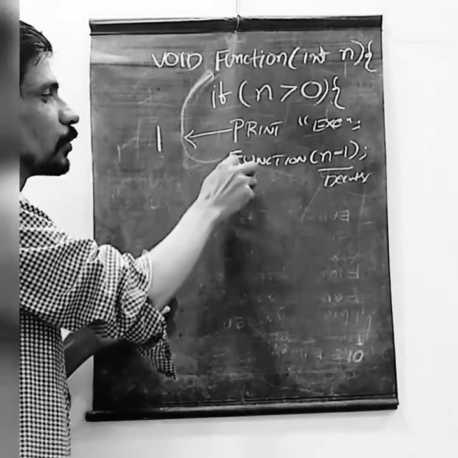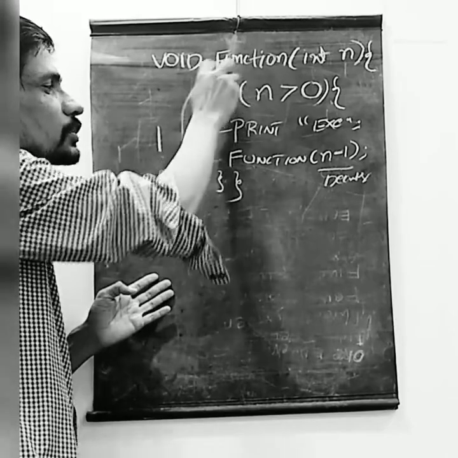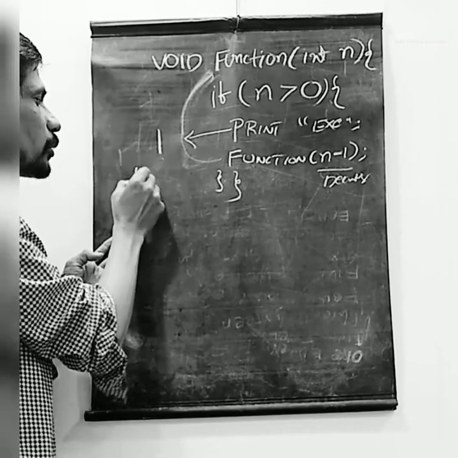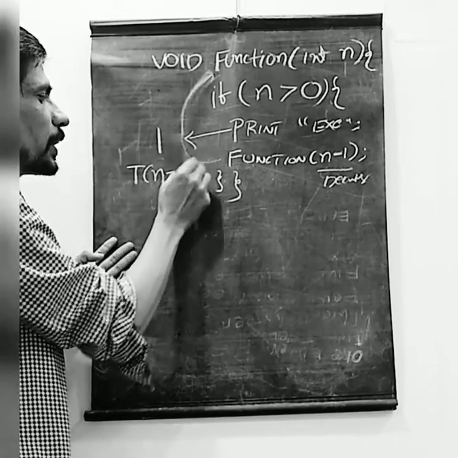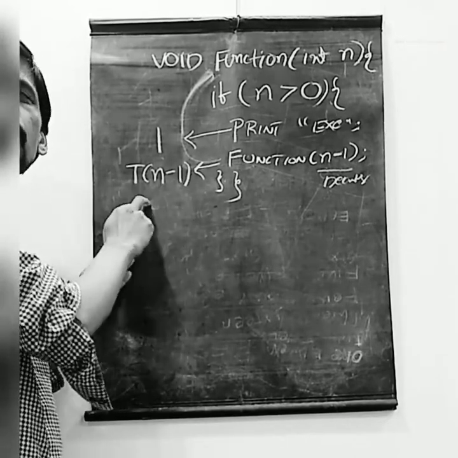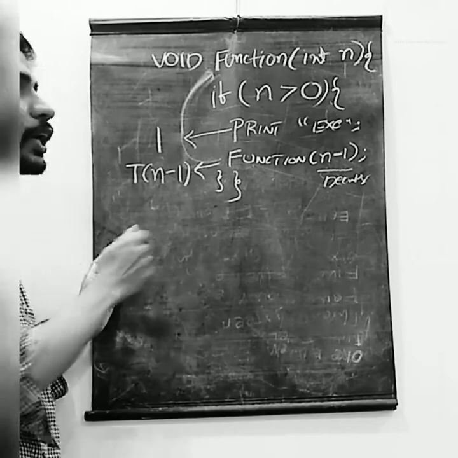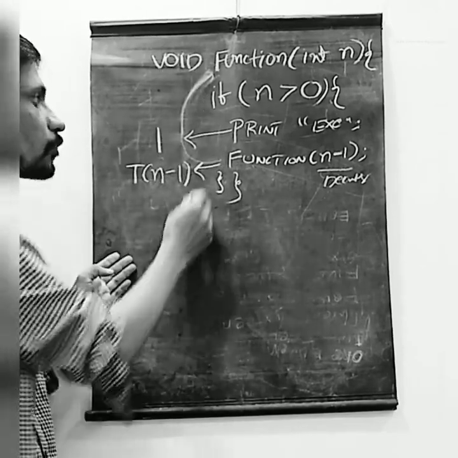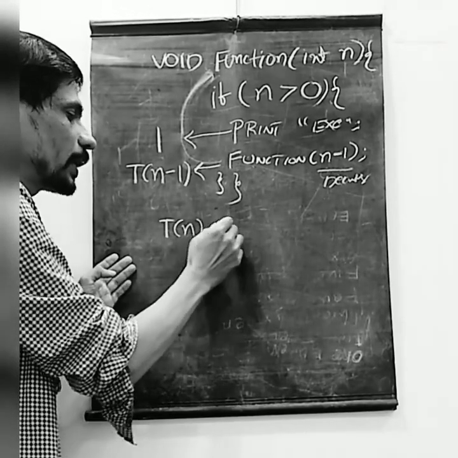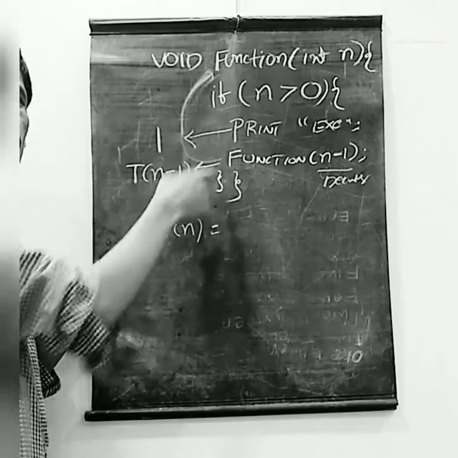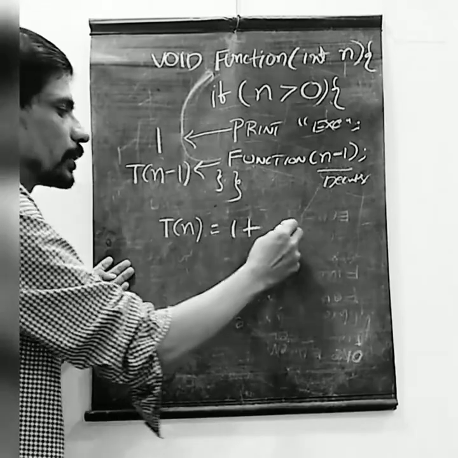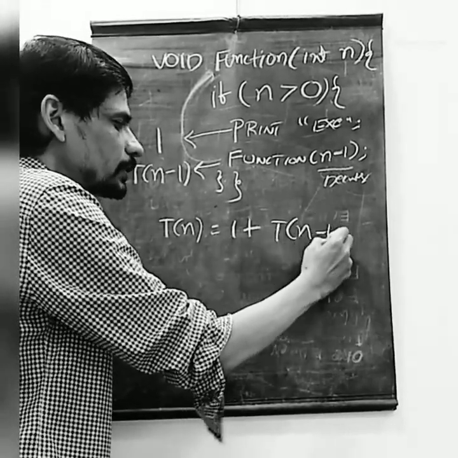This function calls itself, with n minus 1. So the time required to complete this statement is T of n minus 1. The total time complexity of my function is 1 plus T of n minus 1.